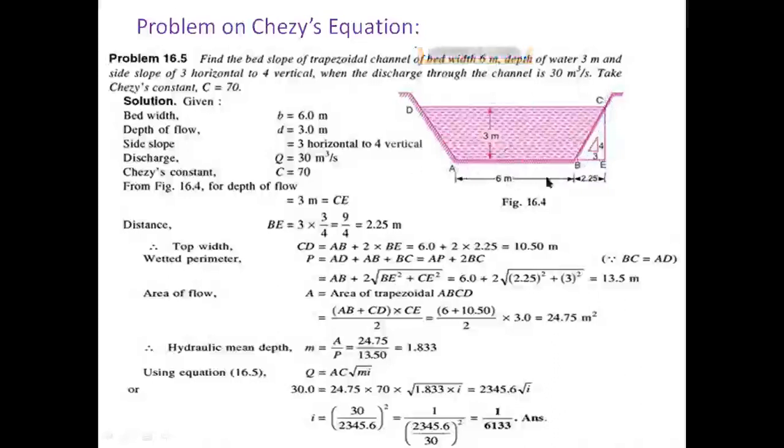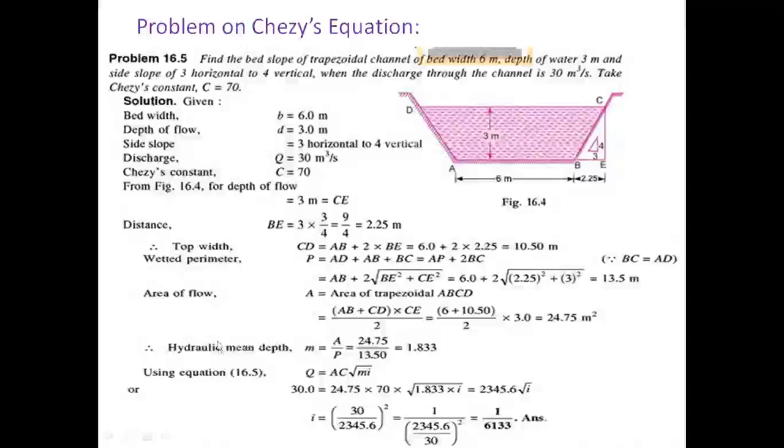Here AB value is 6, the CD value we already found is 10.50, and CE is given as 3 meters. So finally the area of the flow of this trapezoidal channel is 24.75 meter square.